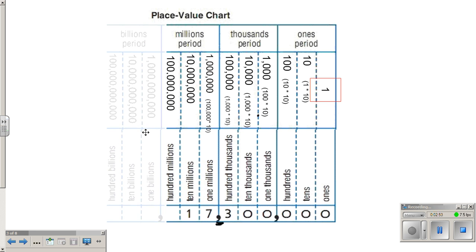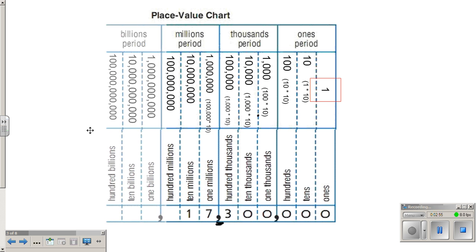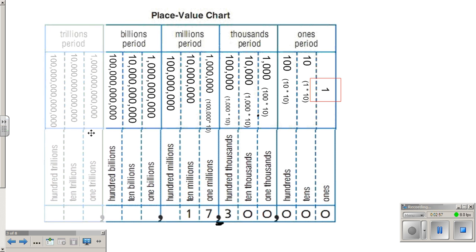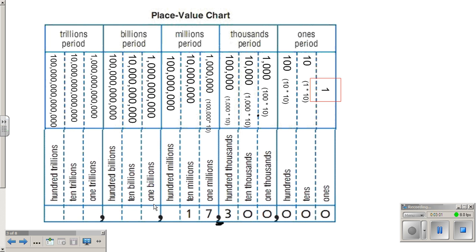After that, we have our billions period and our trillions period, with commas separating the different periods. When we read the numbers, we read them based on their period. So this is written as 17 million because that comma separates the millions from the thousands, and each of these numbers represents how many of that value we have.